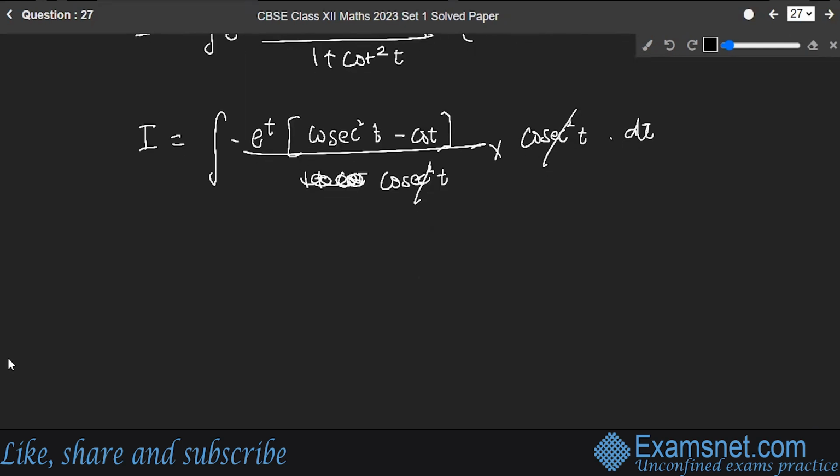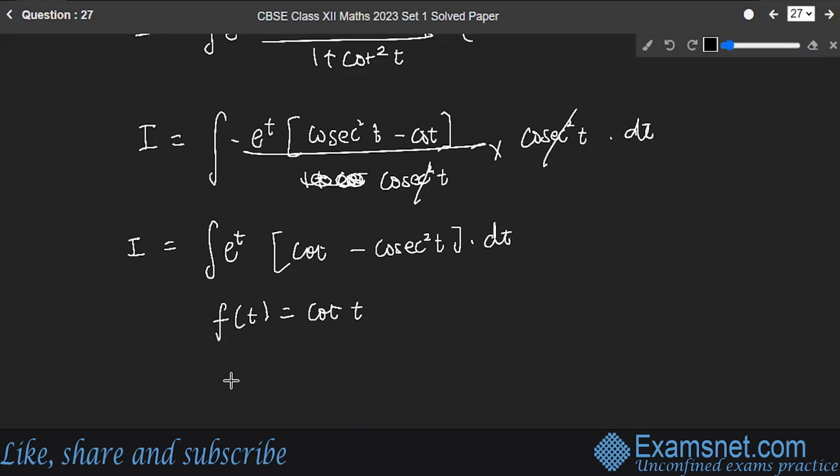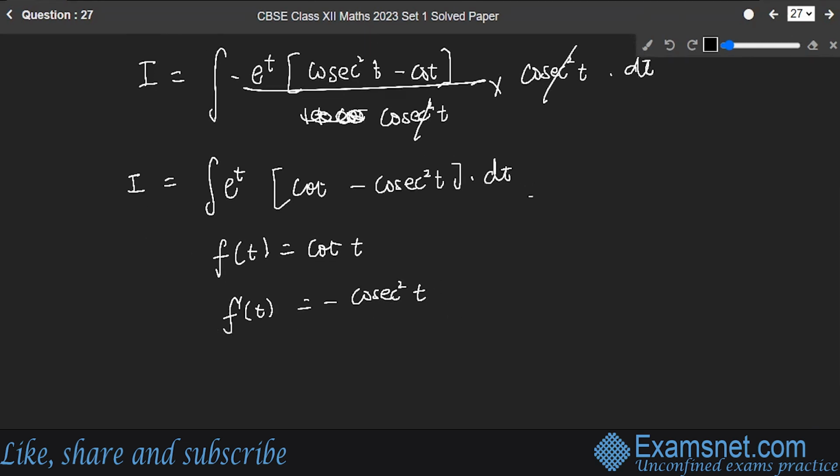They will cancel and you will have I is equal to the integral of e raised to power t into cot t minus cosecant square t dt. Now I'll put the function f(t) as this cot t. So the derivative of this function is equal to minus cosecant square t, right? So see, if I look at this integral, this is equal to the integral of e raised to power t into function plus its derivative, right?